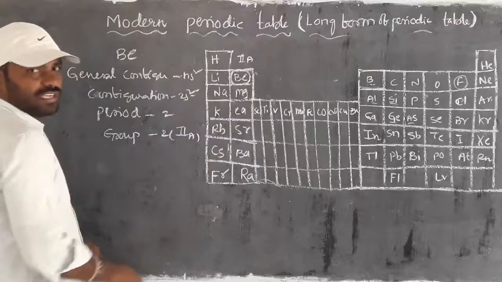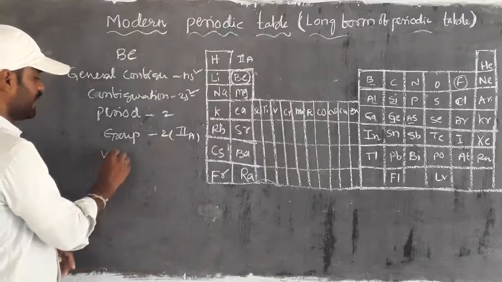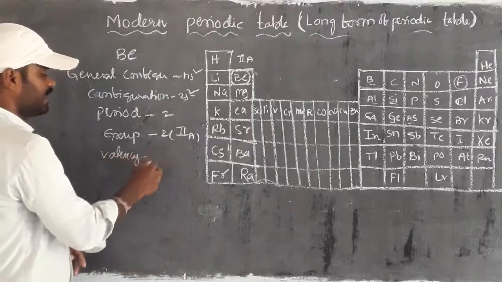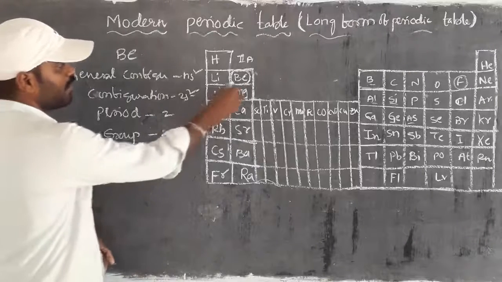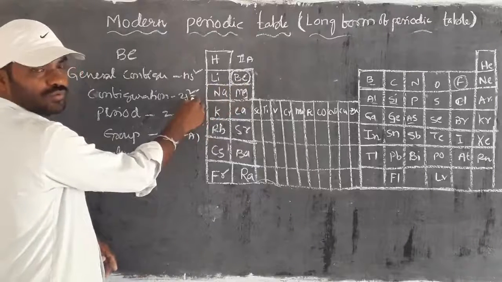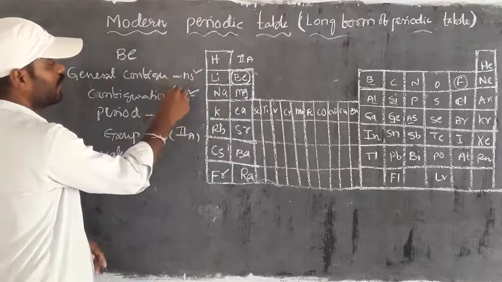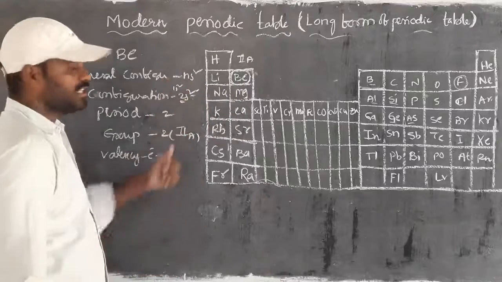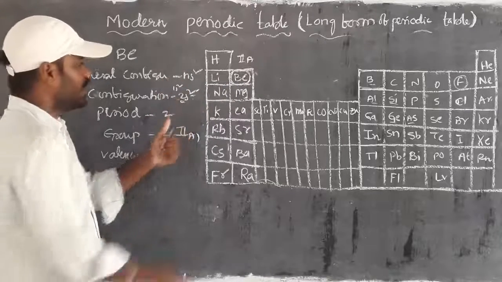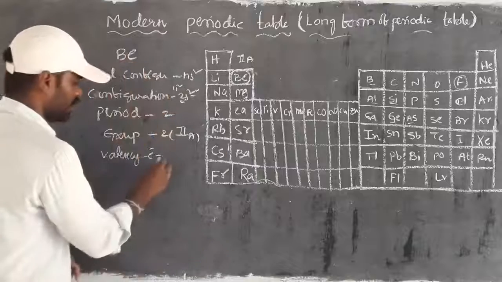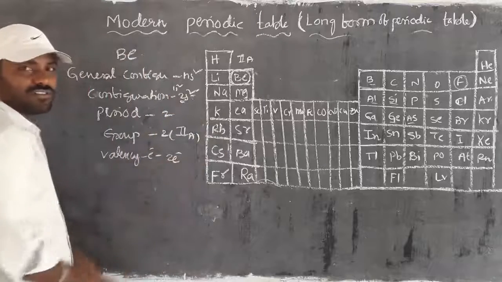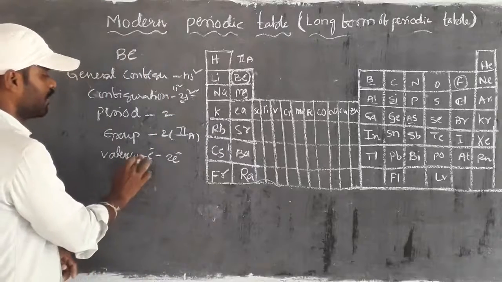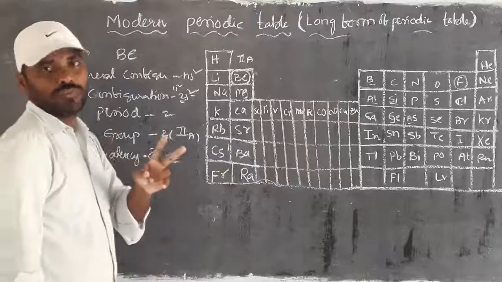Then not only this, we can know the valence electrons. So for the number of valence electrons, 2s2 means before that we have the configuration 1s2. For that, the second shell is 2, right? Then how many electrons are there? 2 electrons are there. So valence electrons are 2.